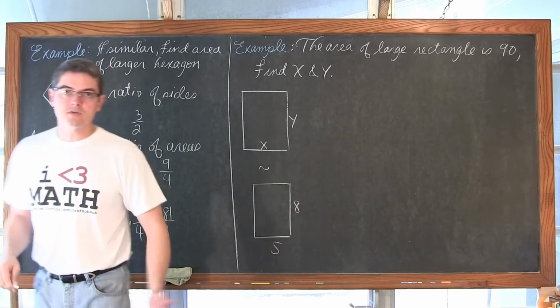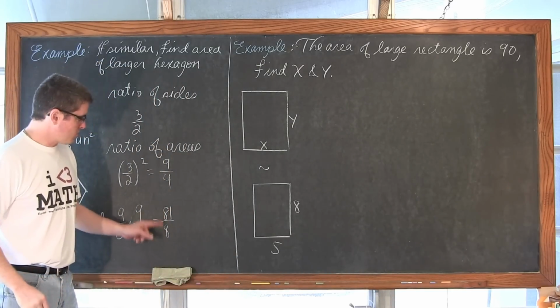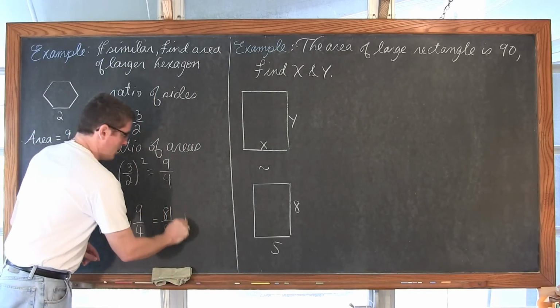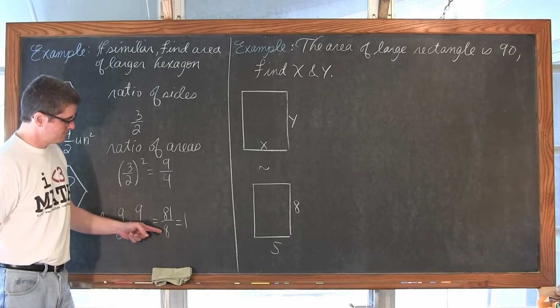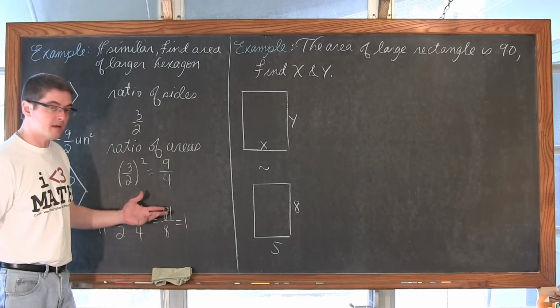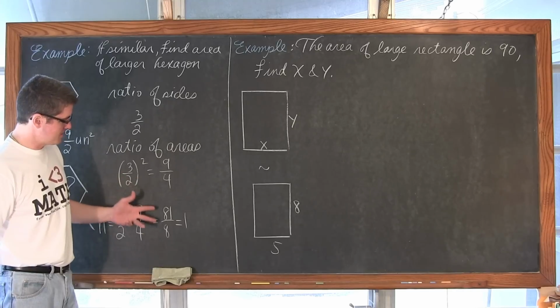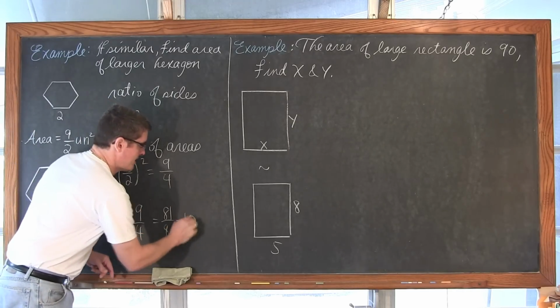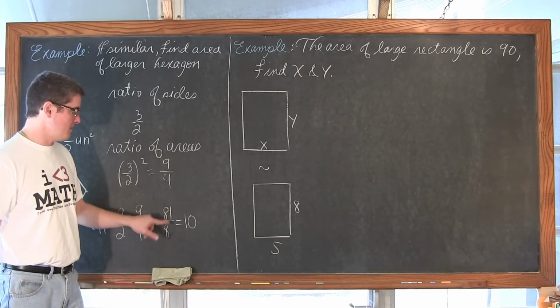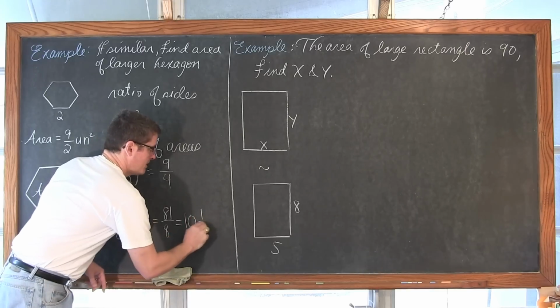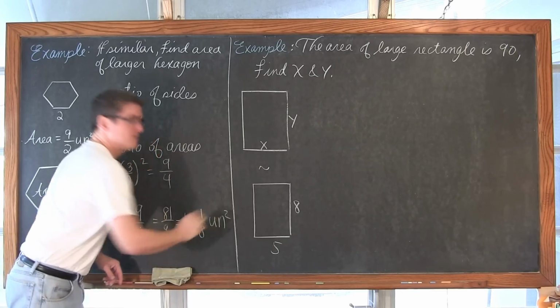Now, let's see, can we reduce this? Of course, there's 8 and 8, so that's going to be 1. So 80 divided by 8 is 10, leaving a remainder of 1, so it's going to be 10 and 1/8 square units.